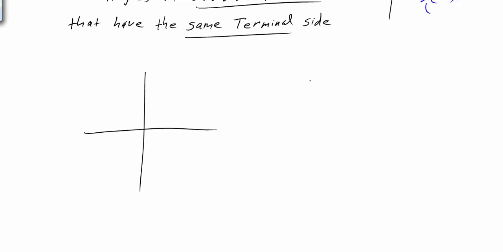I'll use this Greek letter, theta. When we have variables for angles, a lot of times instead of using x, y, and z like you would in algebra, we use a Greek letter so we know we're talking about an angle, and one that's most commonly used is theta. Let's call it 100 degrees. We know this is 90 degrees, so theta starts here and rotates around to this position, roughly 100 degrees.